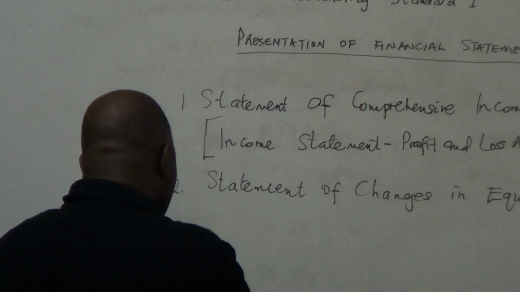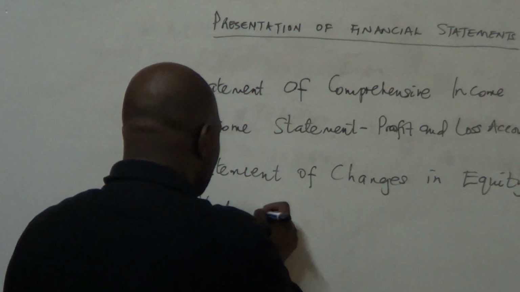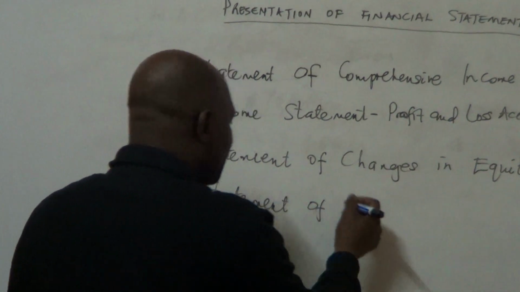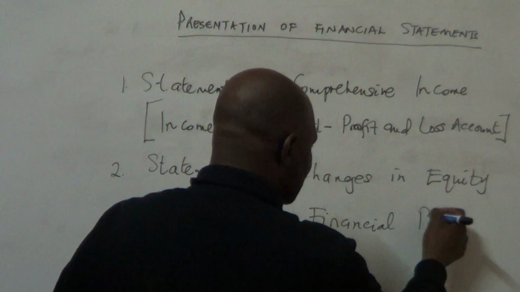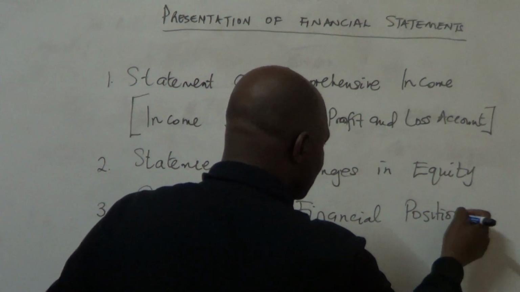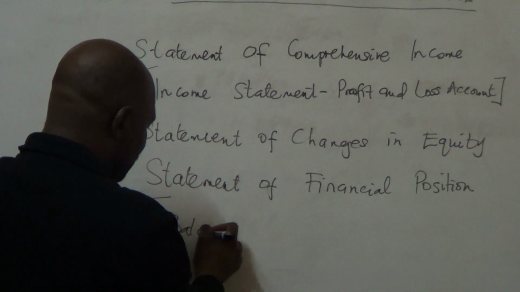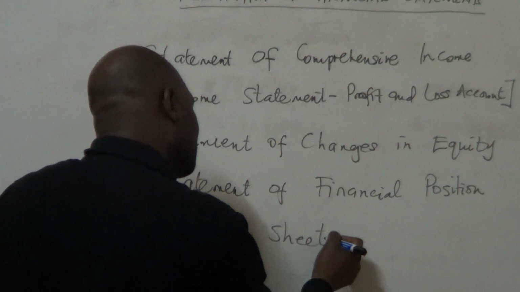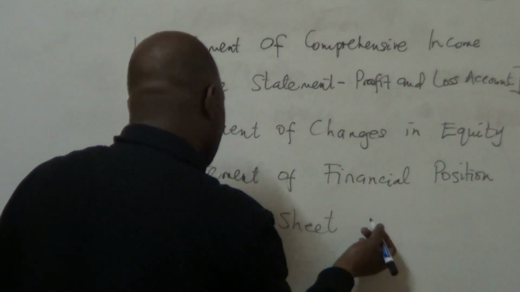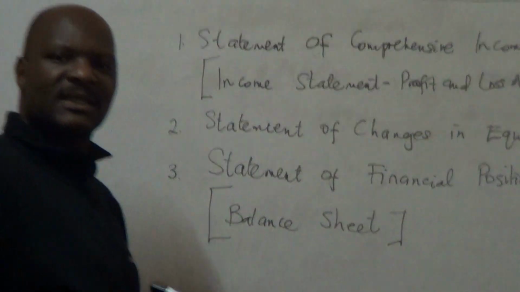Then you prepare your statement of financial position. This was known as a balance sheet long back. In some textbooks, they still write balance sheet. It's still the same thing, right?